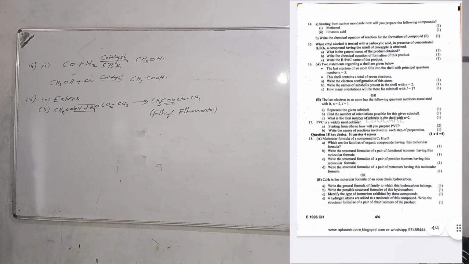Question number 16. Two statements regarding a shell are given below. The last electron of an atom fills into the shell with principal quantum number n equal to 3.